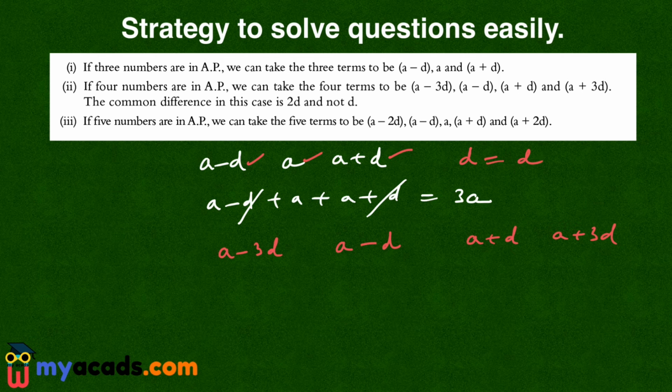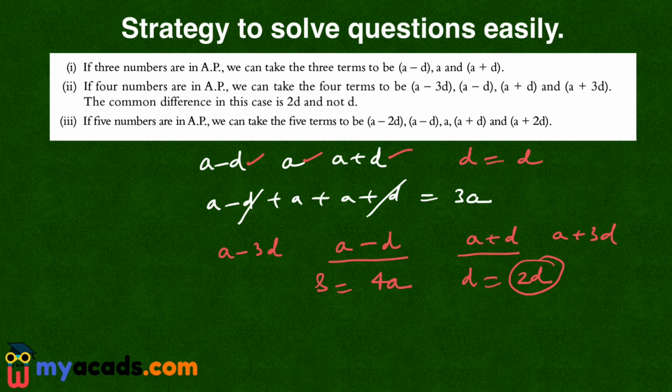This is because when I take the sum of these four numbers, the d terms will cancel. The sum will become 4a. Here remember that the common difference is 2d. The common difference is the difference between two consecutive terms, so when I subtract a minus d from a plus d, I get 2d.